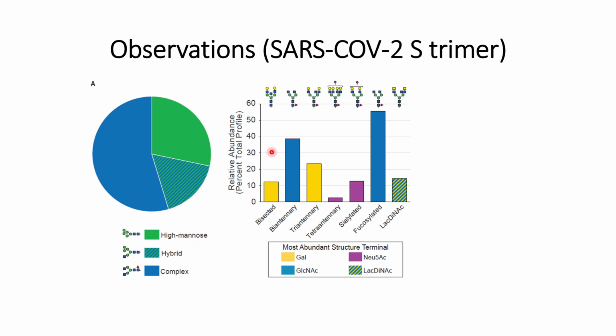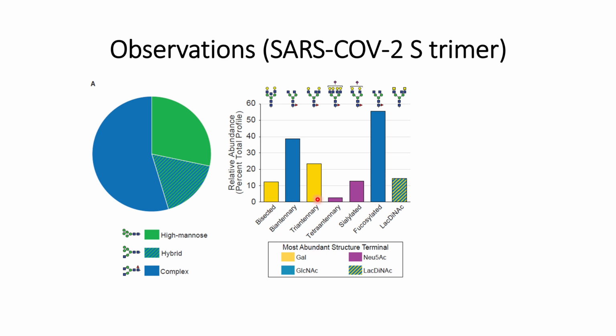And this is in-depth information about what kind of structures they are, whether they are bisected, biantennary, triantennary, or tetraantennary. From our previous slides we came to know that core fucosylation is high, so we can see that fucosylated glycans are higher in the analysis.